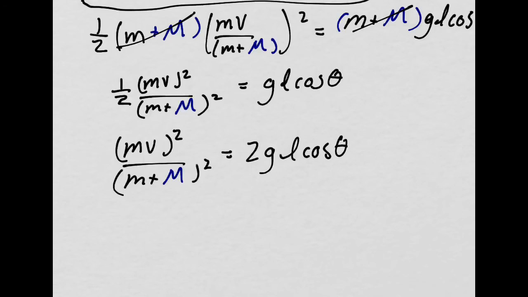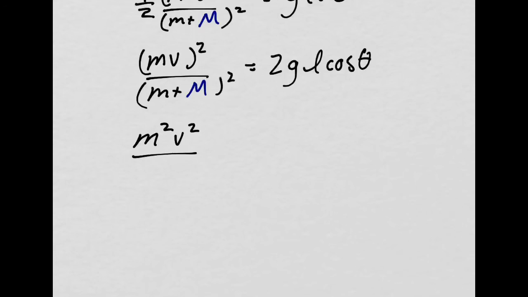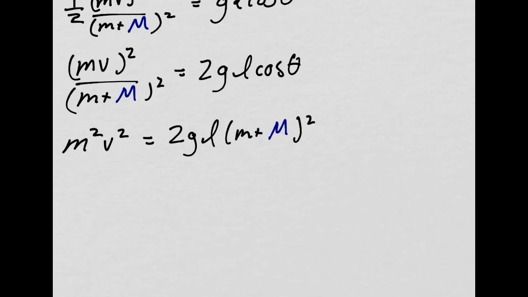M squared v squared over, we're now going to multiply these across, 2gL m plus M squared cosine theta.